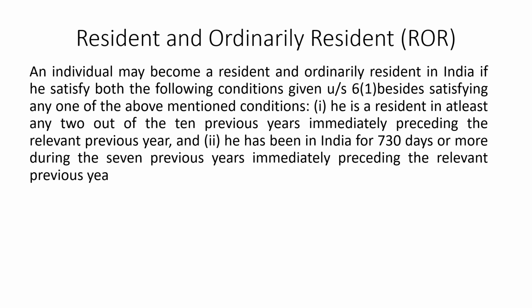Thereafter, he should also complete the second condition, that is 730 days stay in the last 7 preceding previous years. So for qualification as ROR, he should be resident in at least 2 years out of the preceding previous years, plus 730 days stay in the last 7 years.